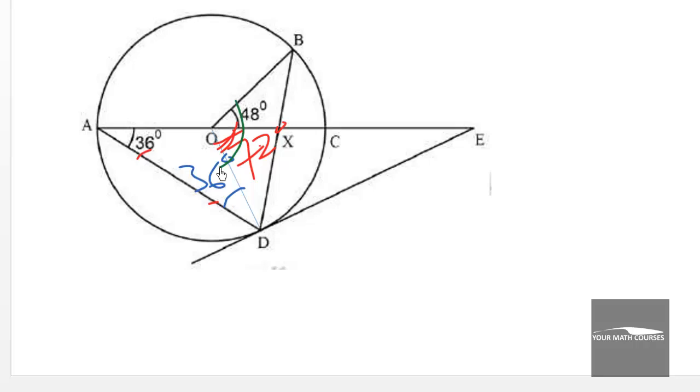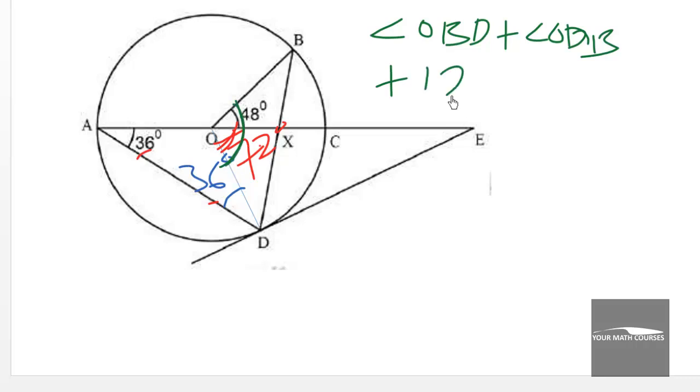So using triangle OBD, angle OBD plus the angle ODB, we add it to the whole angle here, which is 120 degrees, should give us 180 degrees.